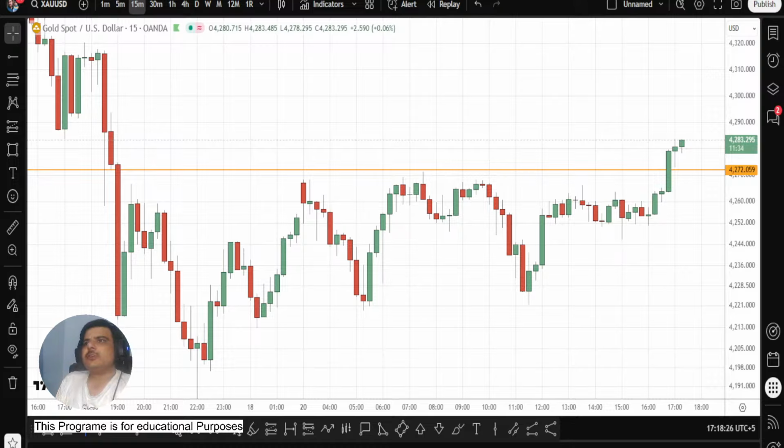So gold US dollar I will be looking at today, and it's moving very nicely. Let me put this right here. It's better now. Wow, this place is good for the webcam.